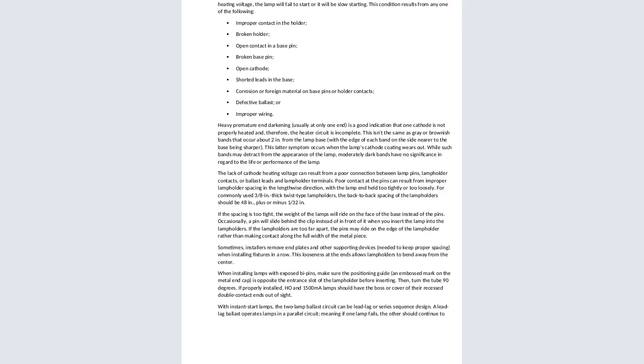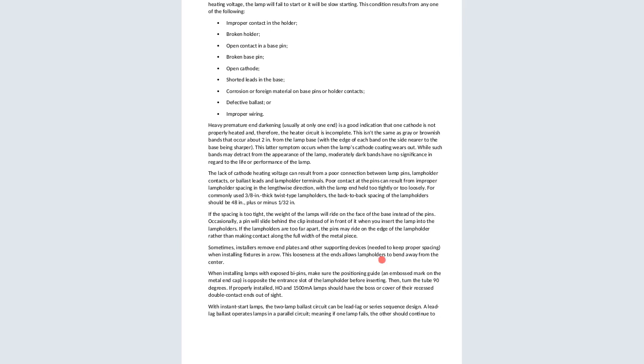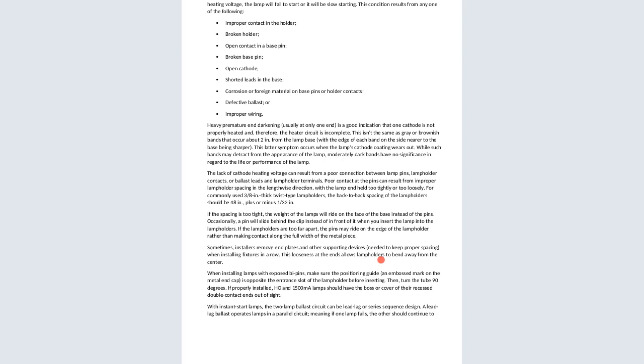So heavy premature end darkening, usually at only one end, is a good indication that one cathode is not properly heated and therefore the heater circuit is incomplete.